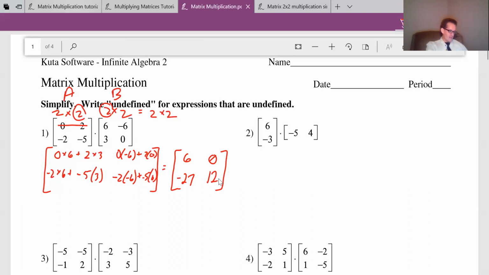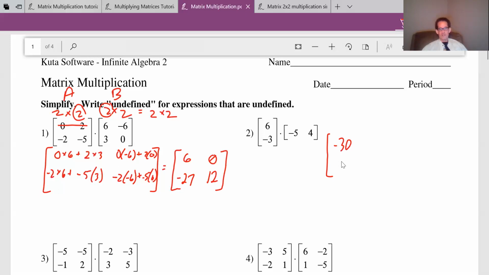Okay, so let's take a look at our next one. And we're multiplying row by column here. So I have -5 times 6, a negative times a positive. This one's really easy, is negative, okay? And then you've got, of course, your -5 times -3, a negative times a negative is a positive.